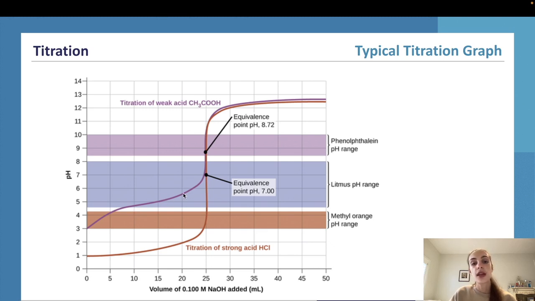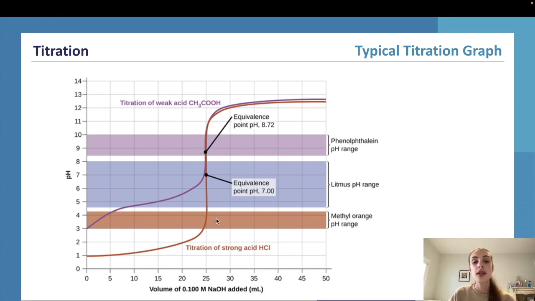But eventually there's been so much sodium hydroxide added that the system can no longer be buffered. And so we then have the weak acid, so the acetic acid, being entirely neutralized by the sodium hydroxide, resulting in a pH equivalence point that is above 7, so at 8.72.